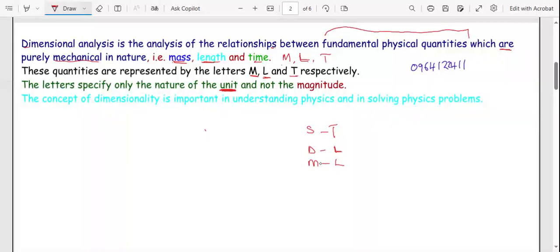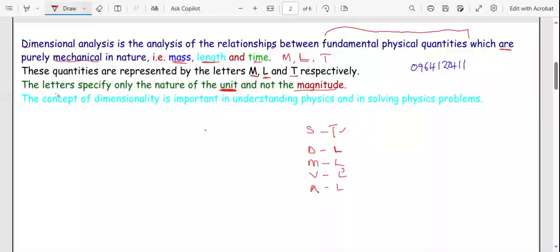So hours, seconds, stuff like that, we relate to T. Distance, we relate to L. Also volume, we relate to L. Whether it's cubed, it will be L cubed. Whether it's area, which will be length, we'll still put length. So these are the units that we'll be looking at, not the magnitude.